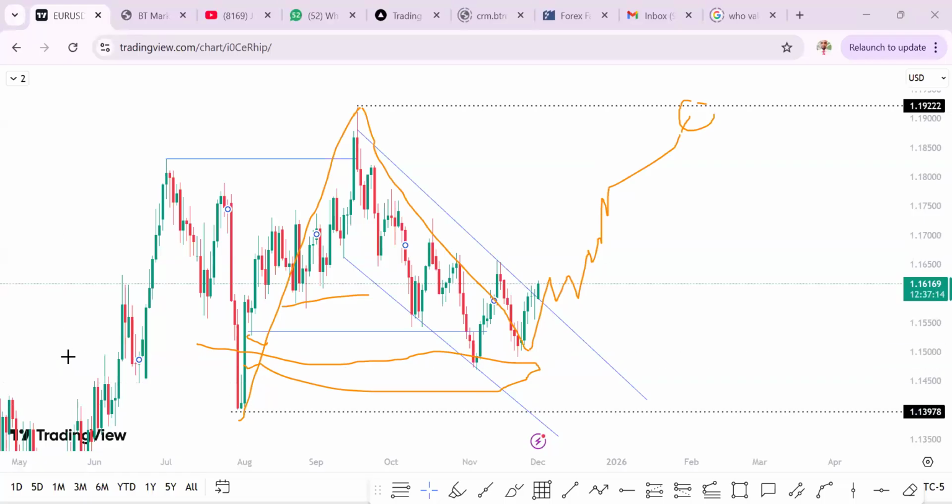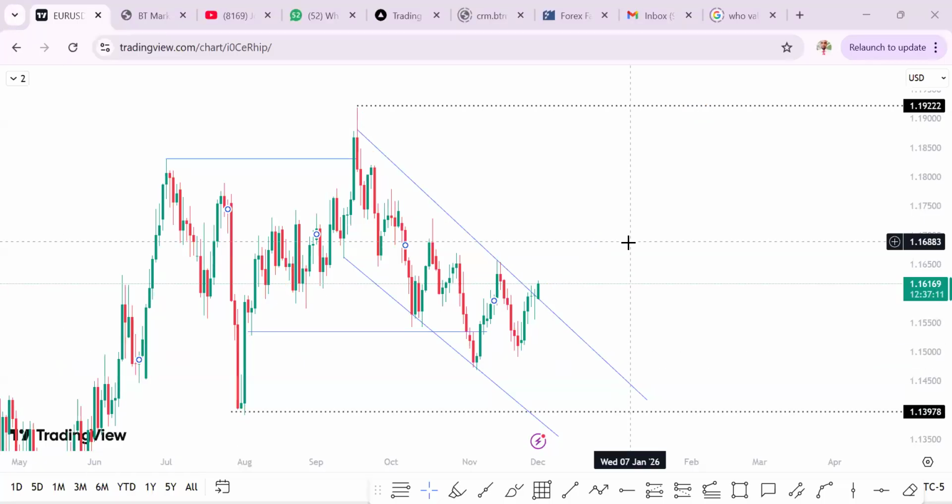And with the view of dollar being bearish, that will put me on the side of looking at a bullish opportunity for Euro USD. So I will now be changing my bias to looking at opportunity for Euro USD, right?